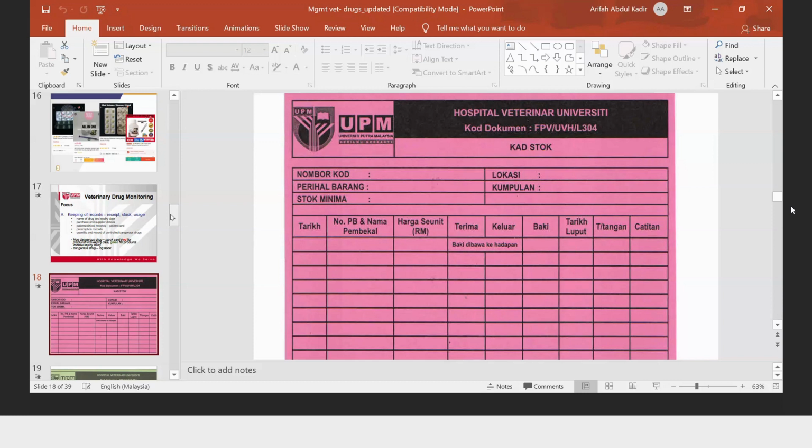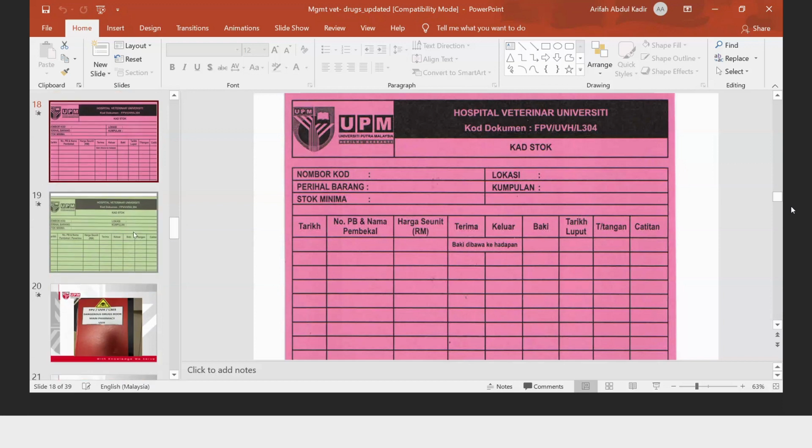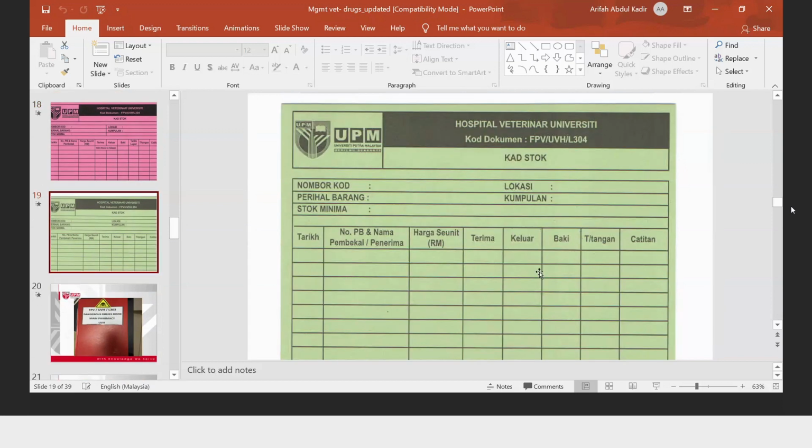The green card is the same, so both of these cards are record quality, which means it has a number, 304. The earlier one was also 304. So it is a record quality, and all the details need to be filled in. This one hasn't got the expiry date column.